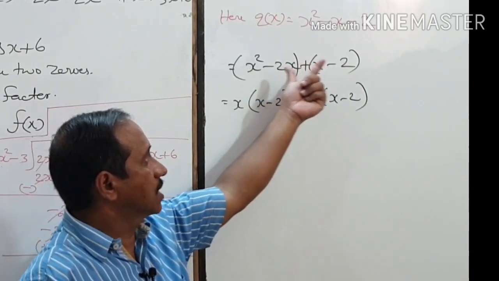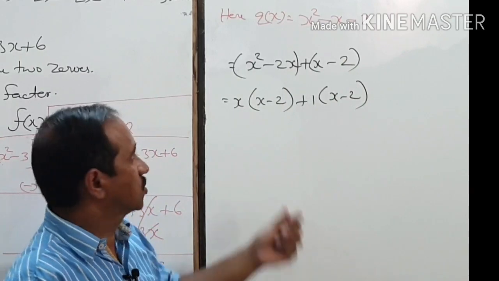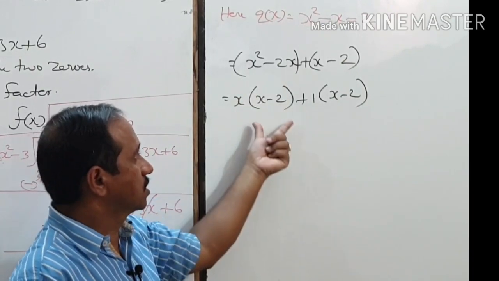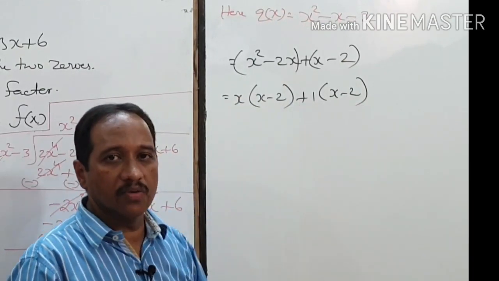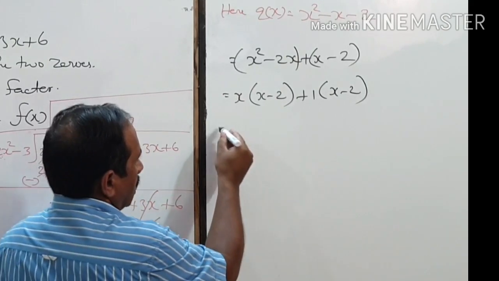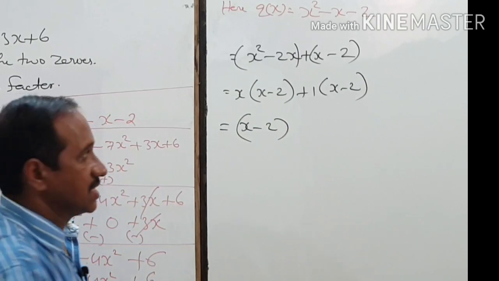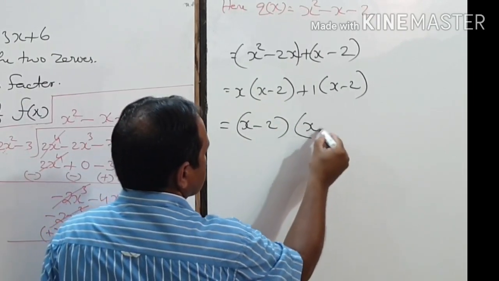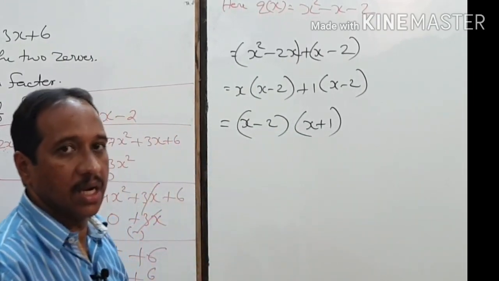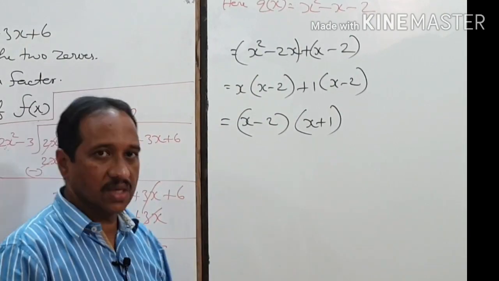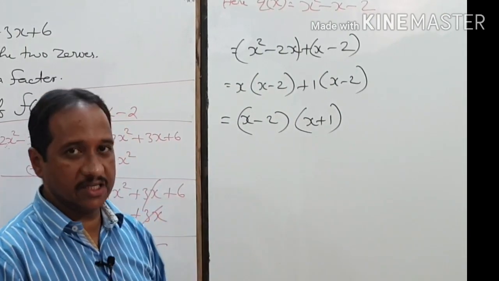Grouping first two terms and the last two terms, I get x common from the first two terms and 1 common from the last two terms. Now we have a x minus 2 common in both the terms, and x plus 1 is left. So the two factors are x minus 2 and x plus 1.